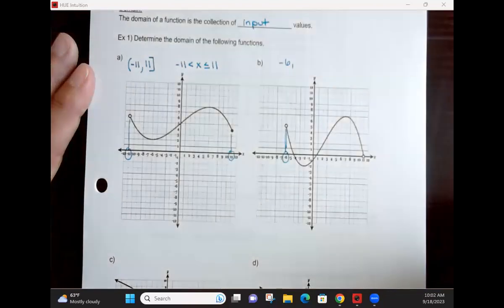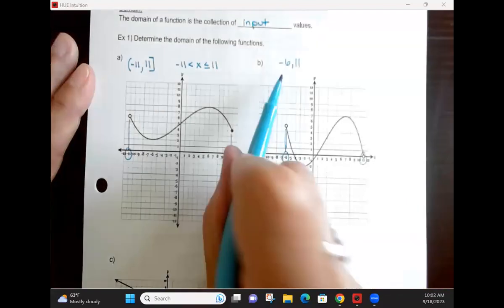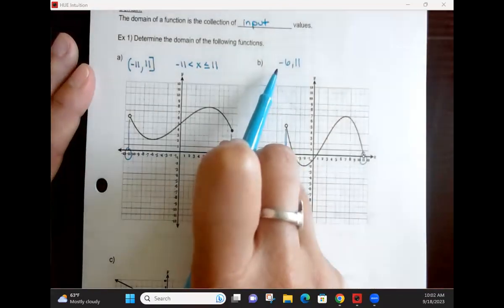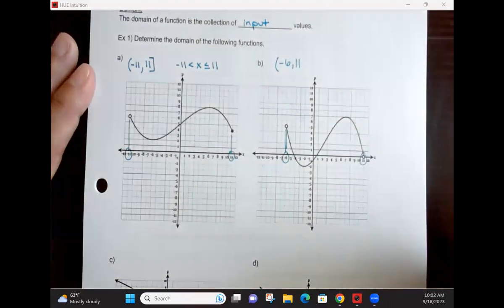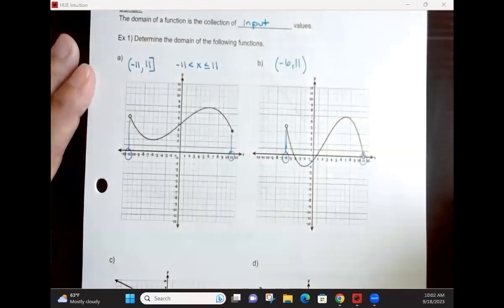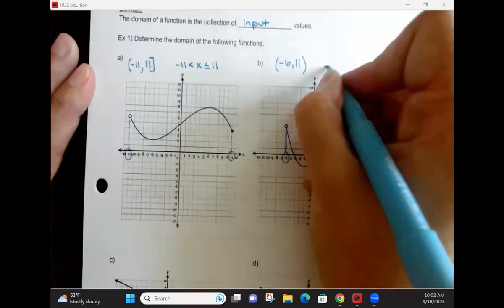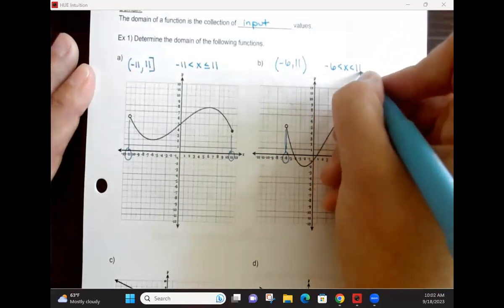What's the biggest x value I can have? 11. So -6 to 11. Parenthesis or bracket on -6? Parenthesis, it's an open circle. How about on 11, parenthesis or bracket? Parenthesis again. So there's interval notation. Inequality notation would look like -6 is less than x is less than 11.